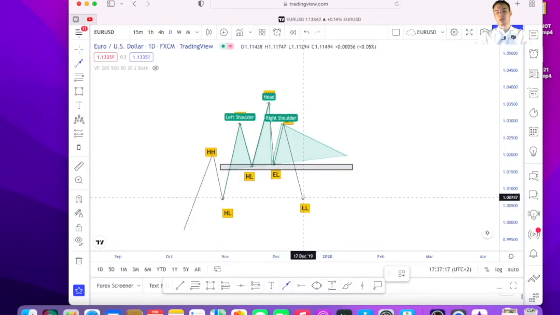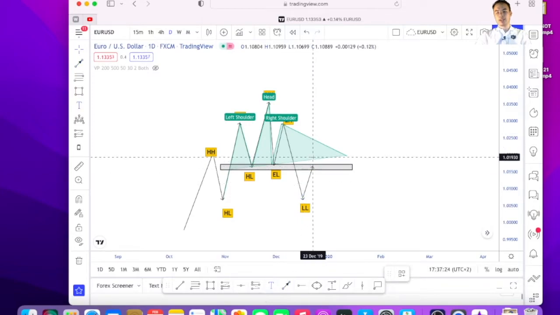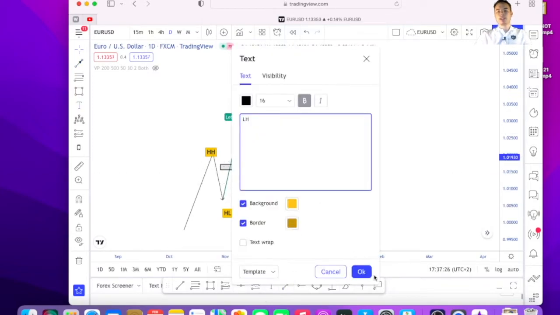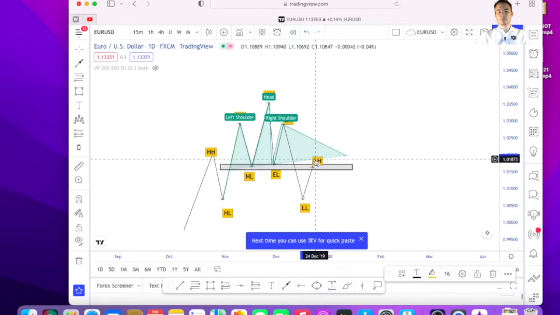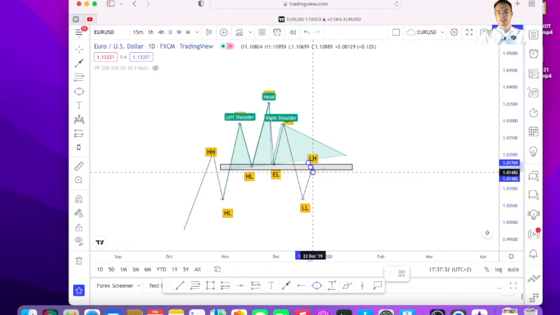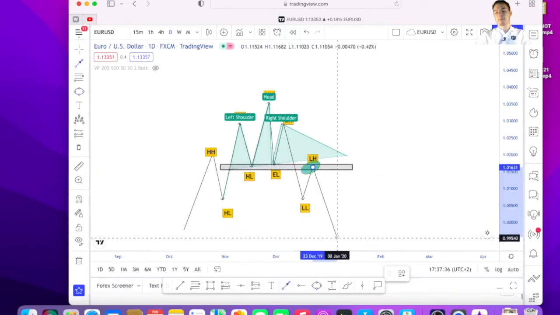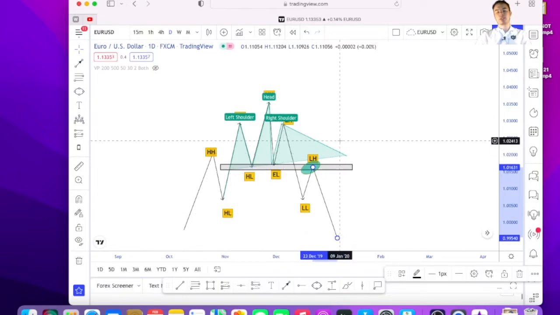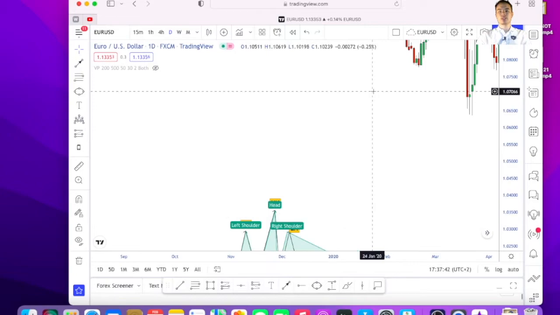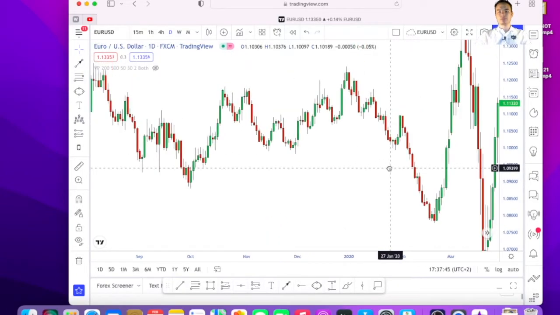So what will happen is, once that lower low forms, price will make a lower high, and this is where you'll look to enter a sell somewhere in this area to go down, because we're no more in an uptrend. So this is basically a head and shoulders. Let me show you on the chart.